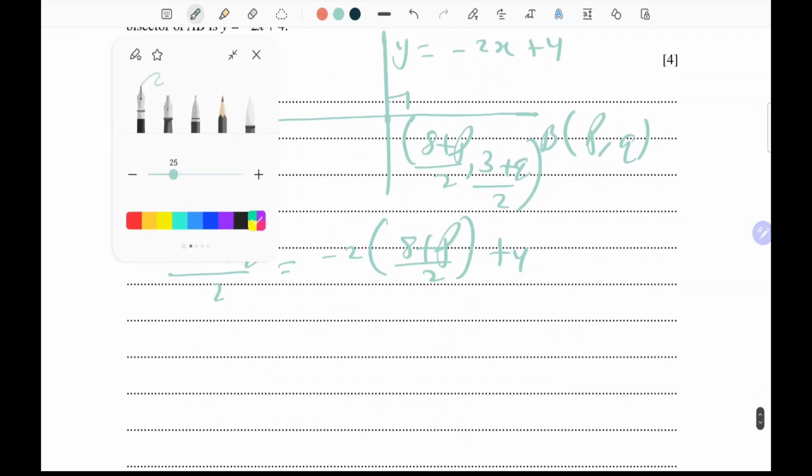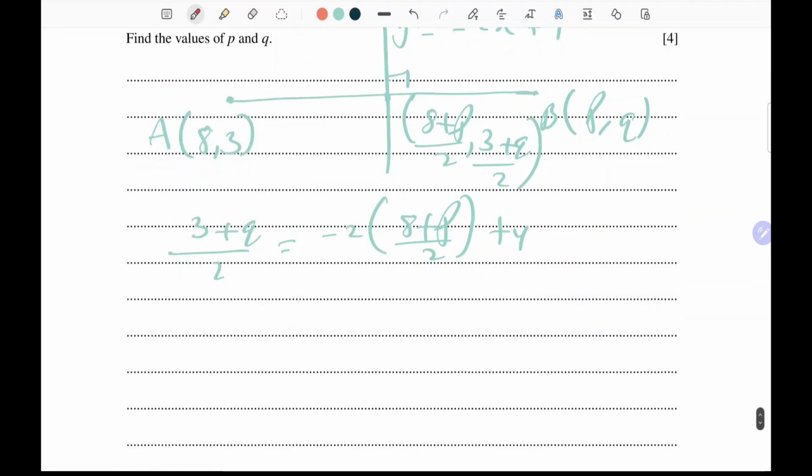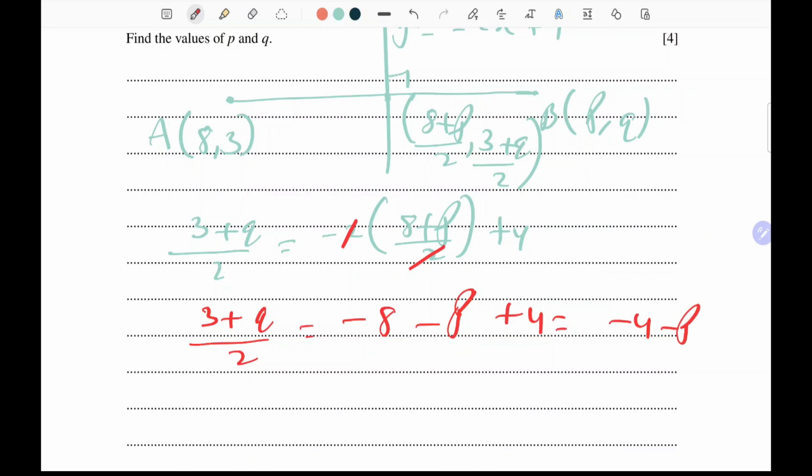Okay, let me use my favorite color, red. So this 2 and this 2 got cancelled. I will get 3 plus q over 2, and this is actually minus 8 minus p plus 4. So this is minus 8 plus 4, minus 4 minus p. Now multiply by 2, guys, here as well as here.